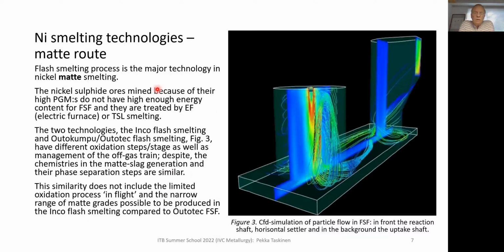Flash melting technology has gained ground in the recent, say, 50 years. So most nickel sulfide matte is produced by flash melting.